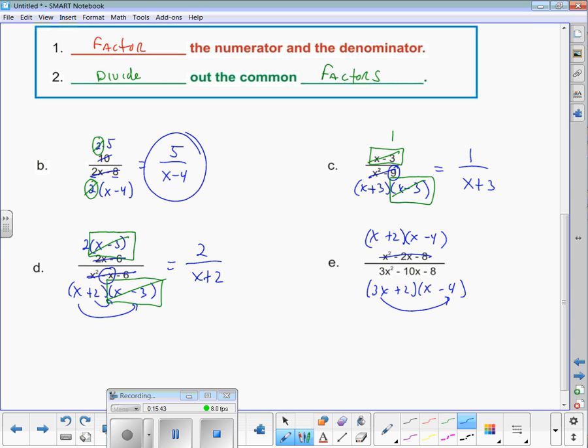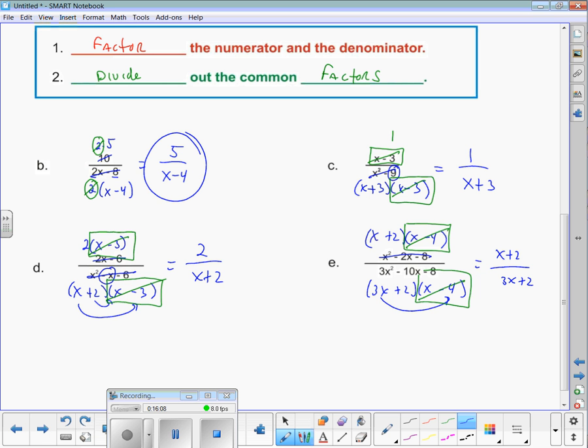Okay, that's it. So in this one, the x minus 4 on the top and the x minus 4 on the bottom divide out. And what are we left with? x plus 2 on the top and 3x plus 2 on the bottom. Again, you cannot reduce those 2's. All right? That's the answer.